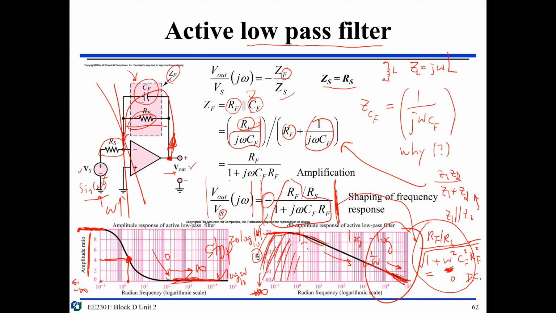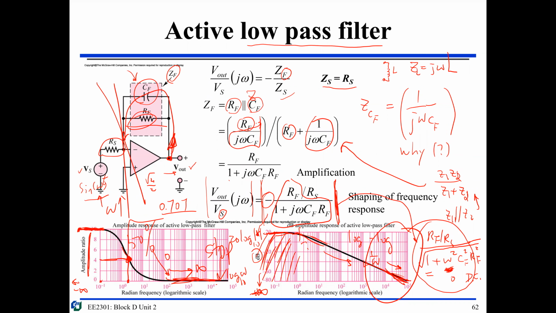This turning point is where the signal power from in to out is reduced by 50%. Because power is signal squared, the magnitude is reduced by the square root of 50%, which is square root of 2 divided by 2.